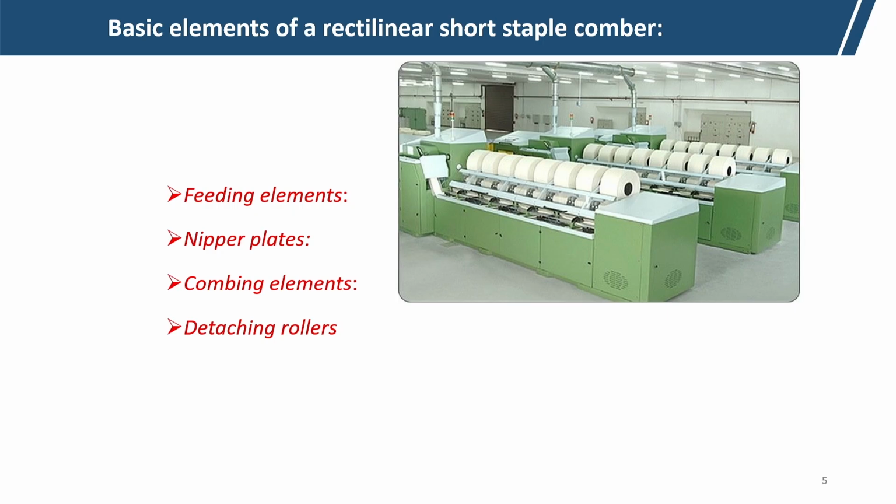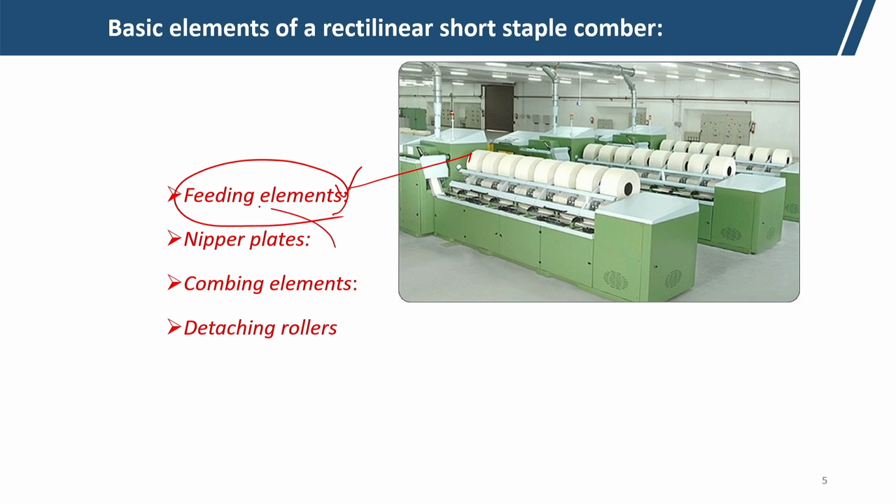The feeding element's function is to feed the comber lap to the main machine, and in the nipper element there is a pair of plates which grips the feed material, so that proper combing takes place.